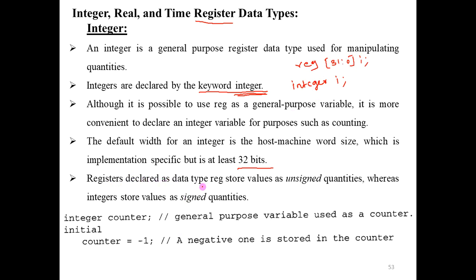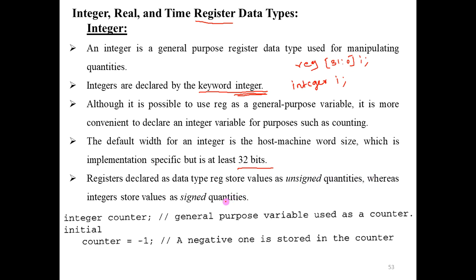Integers declared as data type reg store values as unsigned quantity. What is the meaning of unsigned quantities? You don't have to bother about plus or minus, or about 2's complement or 1's complement. It's just unsigned quantities.